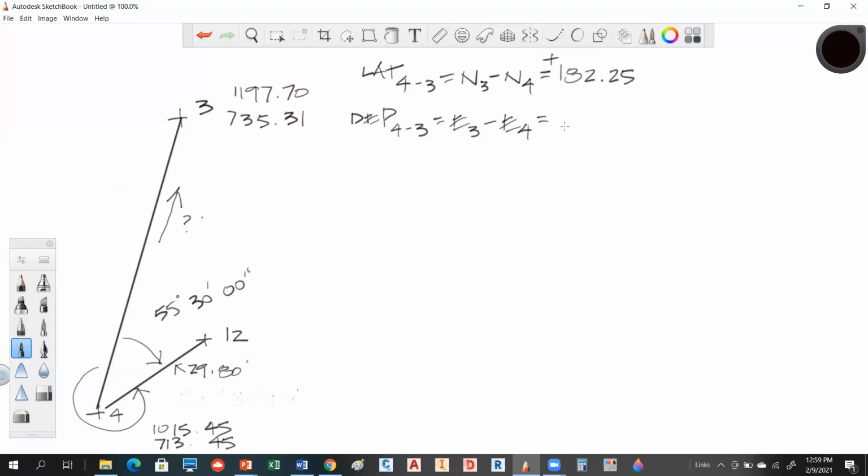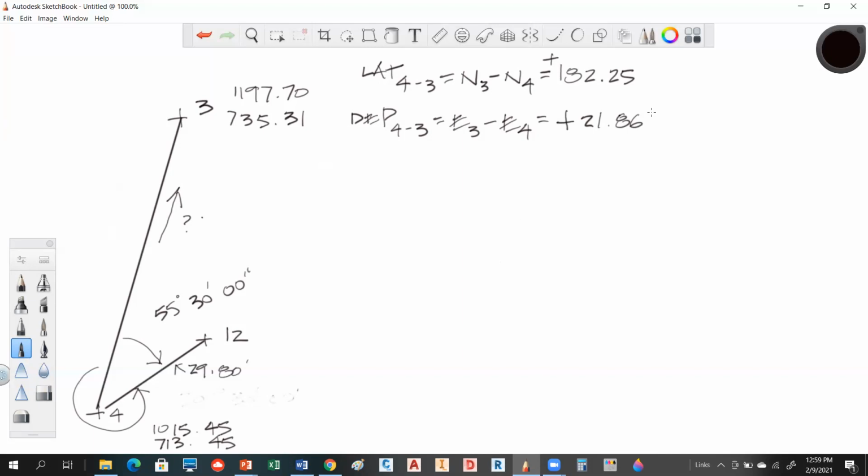And it looks like this one's going to be plus as well. Easting of 3, 735.31 minus 713.45. Again, anybody see a mistake, check me on that. Okay, and I come up with a positive 21.86. Anybody agree with those numbers?